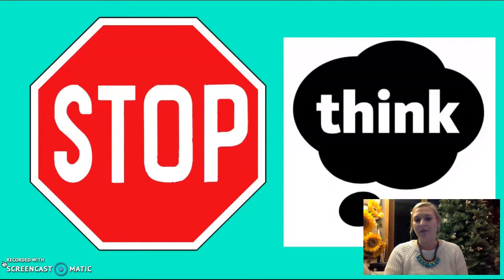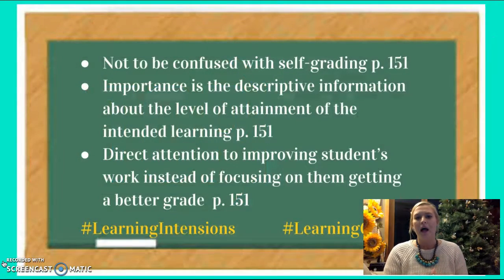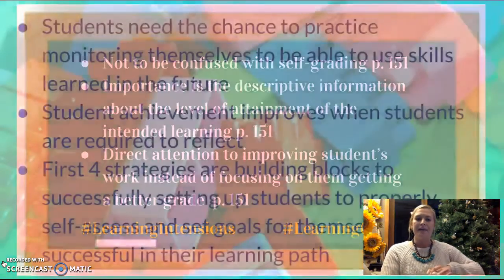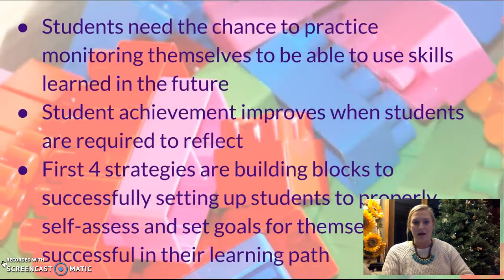Students need to be able to stop and think about what they're self-assessing and really stop and think about that learning target. Self-assessment shouldn't be confused with self-grading. Make sure it's descriptive information and make sure it connects directly to that learning target. Learning goals, learning intentions, and improving the student's learning path.